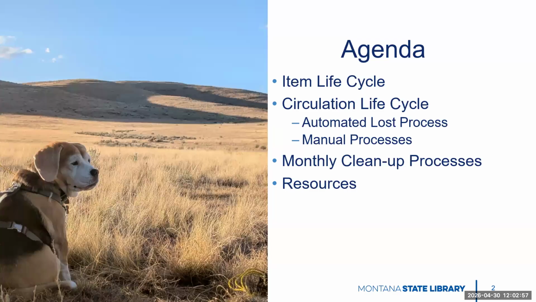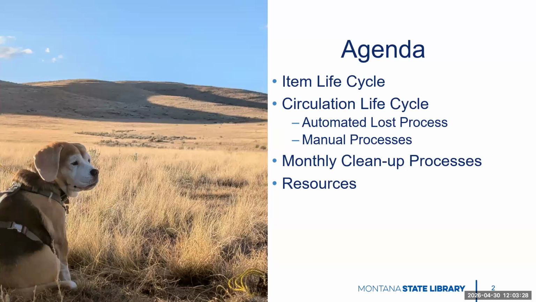Okay. All right. So our agenda for today is I'm going to talk about the item life cycle. I'm really going to focus in on the circulation life cycle because that's the main part of your item's life cycle and also where we start getting a lot of questions on our end. And then through that, we're going to talk about the automated loss process, as well as the manual processes that staff can perform or should perform, depending on the reason.